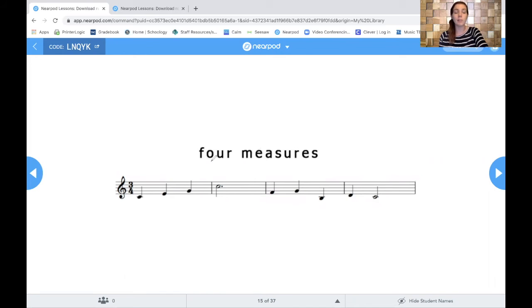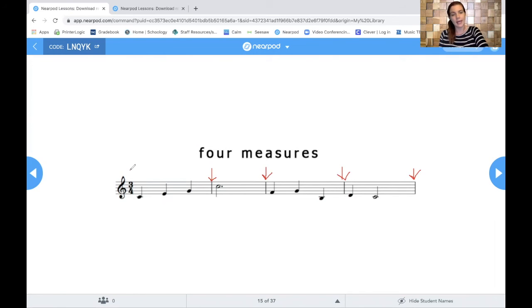Now let's count the bar lines that we have. 1, 2, 3, and 4. And those are very helpful because they help divide up the notes into the right categories.